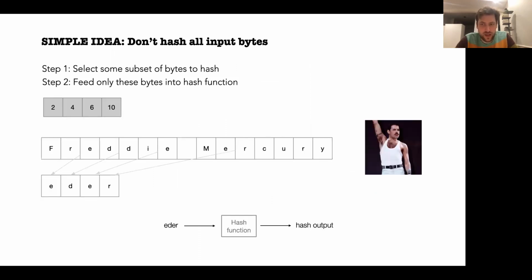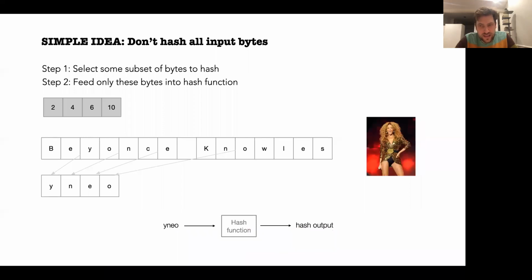As an example, if we take Freddie Mercury, the character making up his name, and we sample just bytes 2, 4, 6, and 10, we get the string EDER, and we feed just that through the hash function. And similarly, if we take Beyonce Knowles and take just those bytes, we feed just those bytes through the hash function, with the idea that hashing costs are proportional to the number of bytes that you use, and therefore by using fewer bytes, we are making cheaper hash functions.